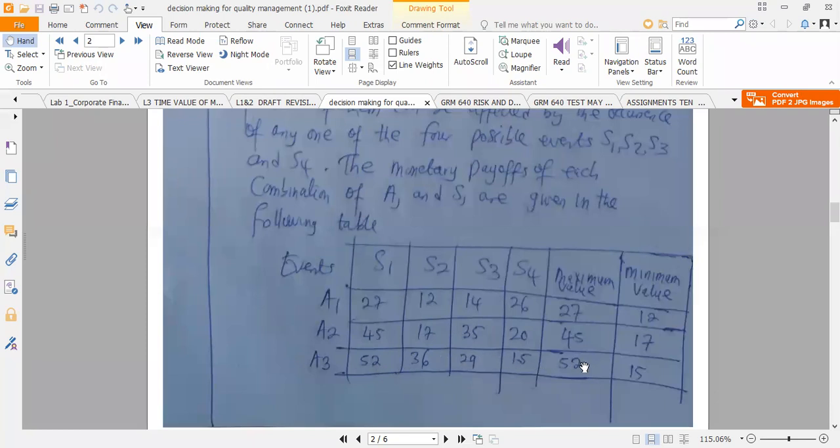Then we go to alternative number 3. Identify the highest number here. What is our highest value in here? We have 52, and the smallest is 15.